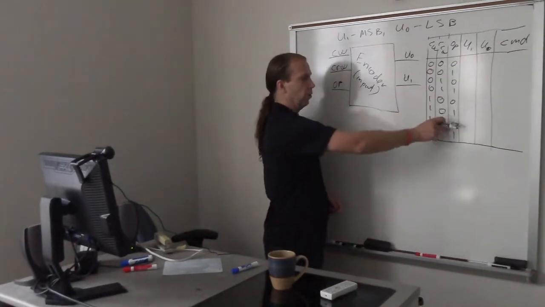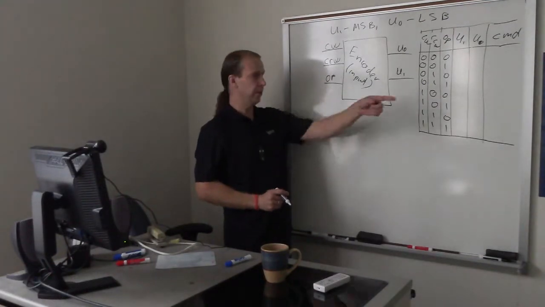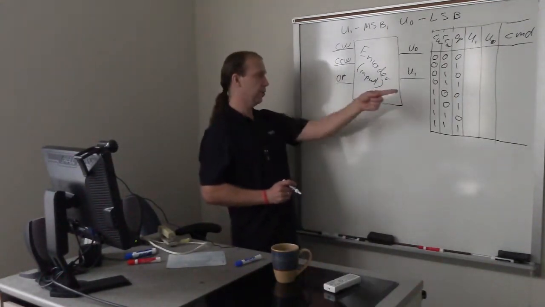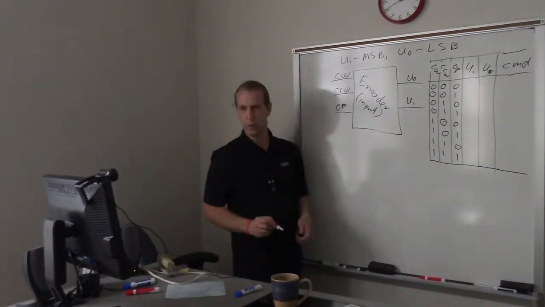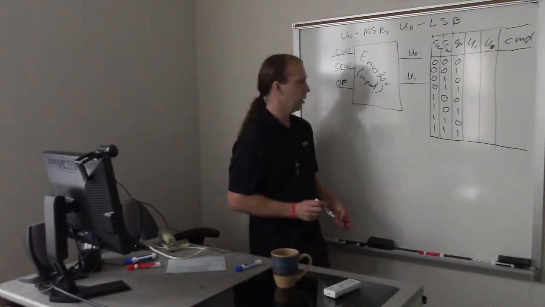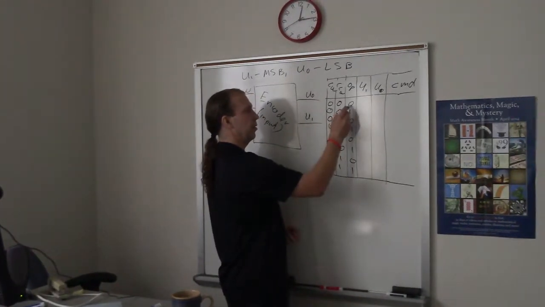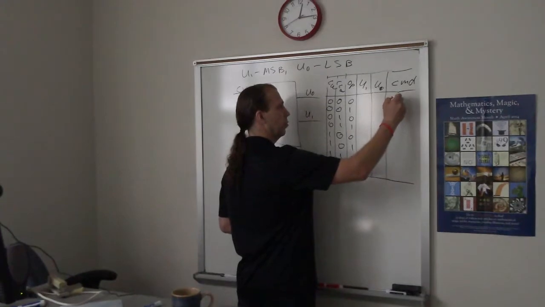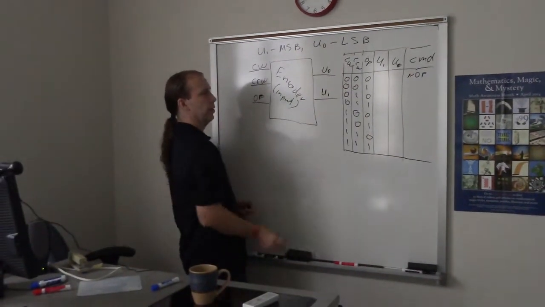One of these rows will receive the CW command. One of these rows will receive the CCW command. One of these rows will receive OP. And several rows will receive the no operation command. So we know that no operation is... let me just... 0, 0, 1.